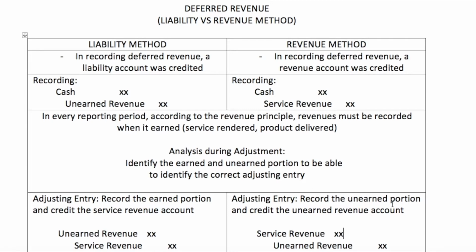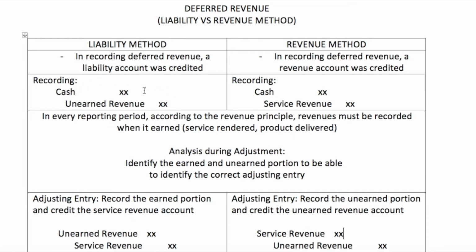There is cash involved. However, you did not yet render the service. Okay? Again, you received the cash, but you did not yet render the service. So that's an advance payment by your customer, right? And in our previous examples, we were used to recording that as unearned revenue.